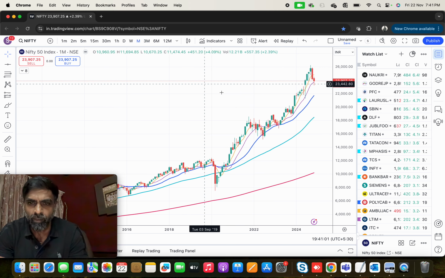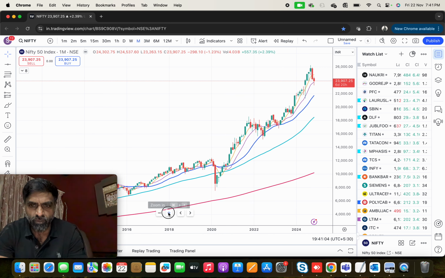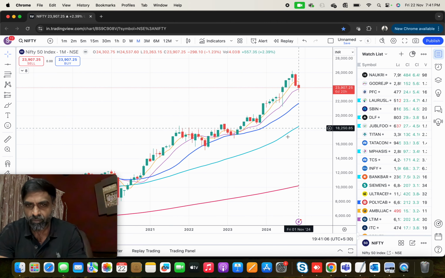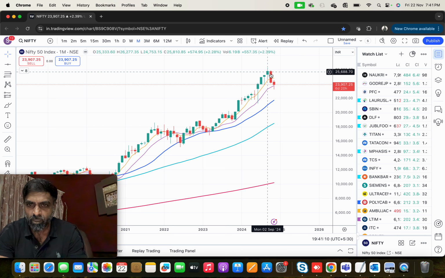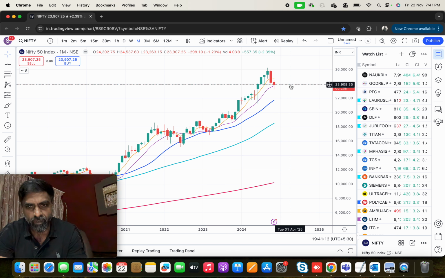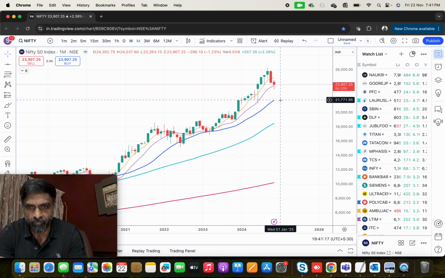Monthly also, at some point in time it has to come and touch 20, but when, we don't know. Whether now, or there is only consolidation for a period of time, by the time 20 comes up here, or we just come down. It can happen.